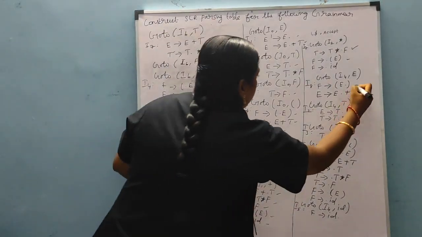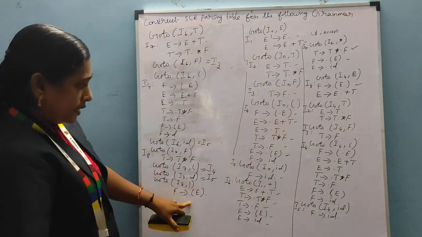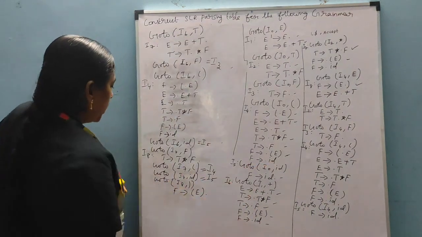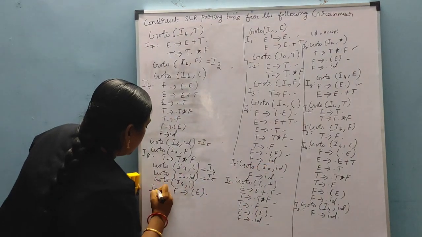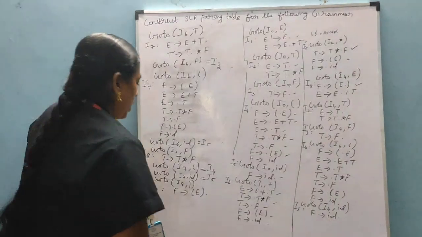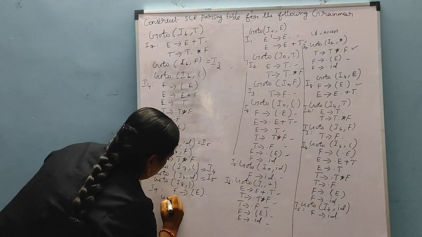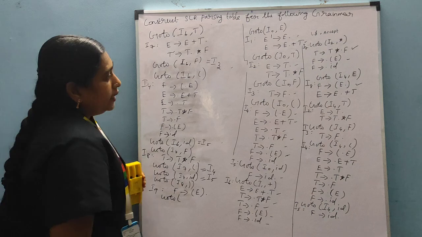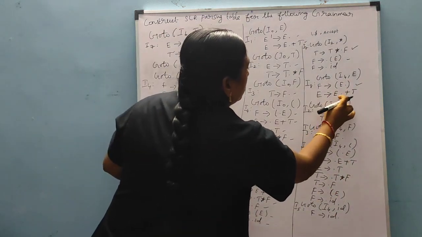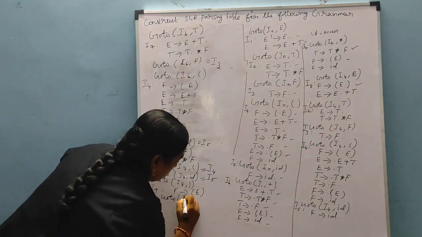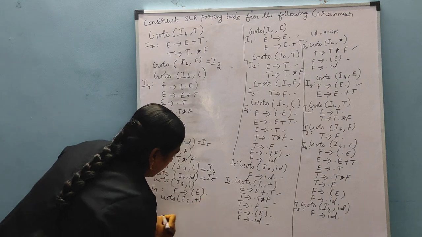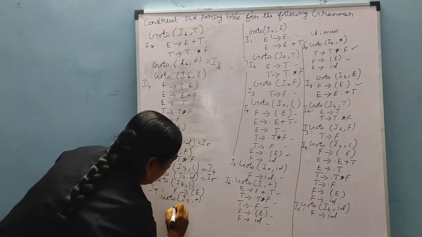Okay, this state. Is this new or existing? Check the states. New only. So I am writing the state number as 9. Now you can go to I8 comma close bracket completed. Now I8 comma plus. So what is the state?